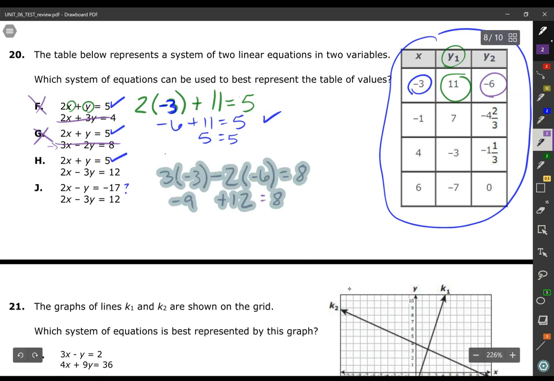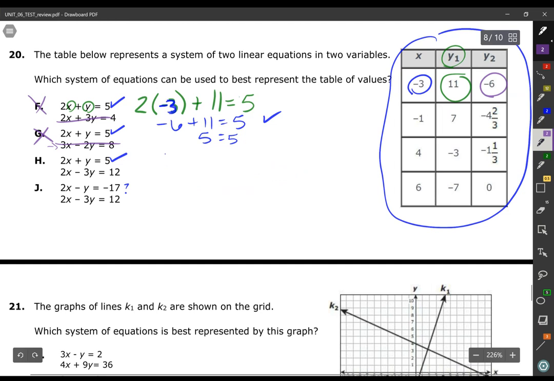Okay, this is my last one where I know that that first one works for the top. So now I'm going to do this next one. I've got 2x minus 3y equals 12.